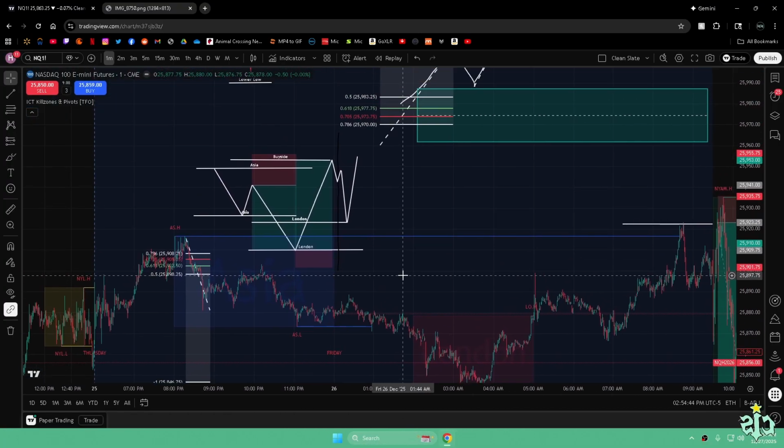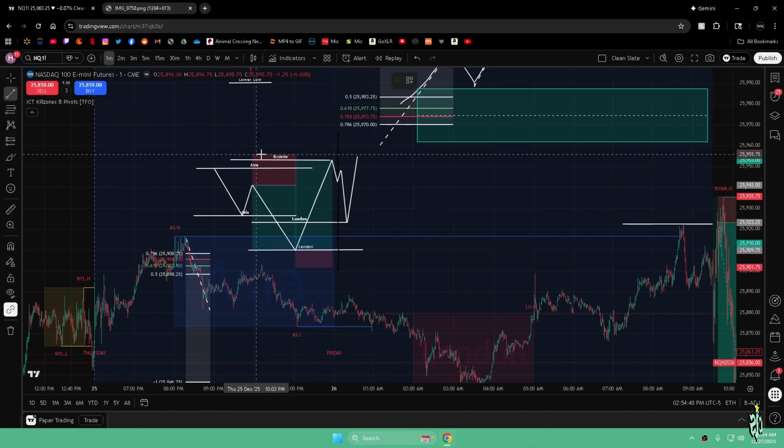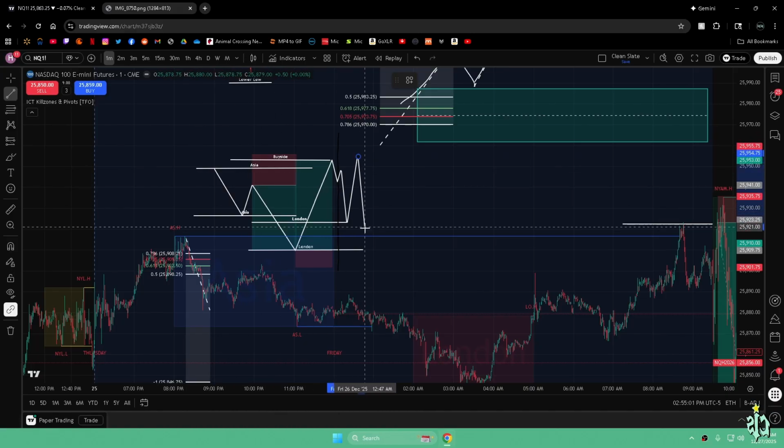Okay. What does market do? Takes buy side liquidity. It's technically a fake sweep because it doesn't continue. So it takes buy side to go lower to London lows and to our OTE range.